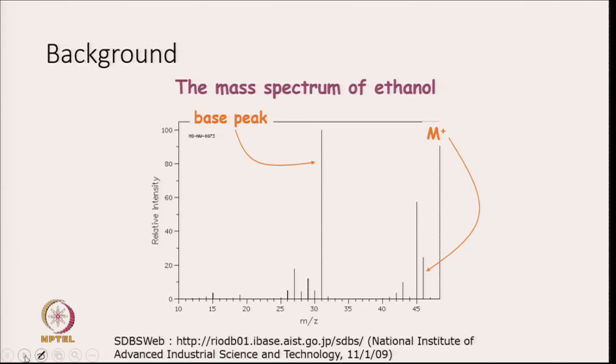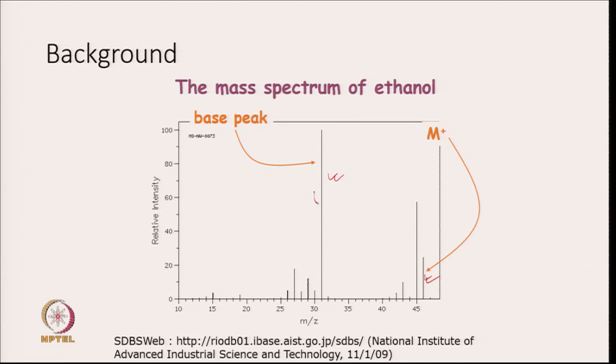So, now let us go back to the mass spectrum of ethanol. Here you can see that this is the molecular ion peak, which corresponds to the molecular weight of ethanol, and it comes at 46 m by z ratio, but it is less intense in comparison to this peak.